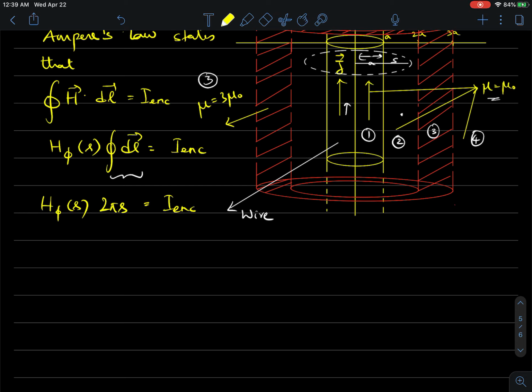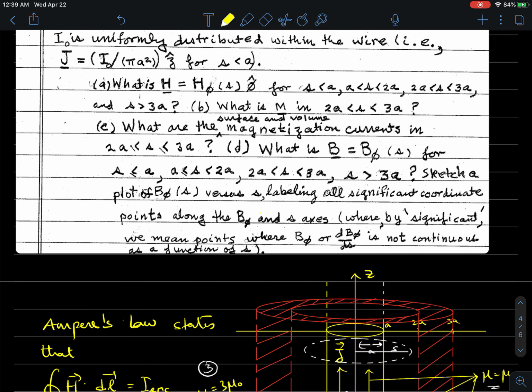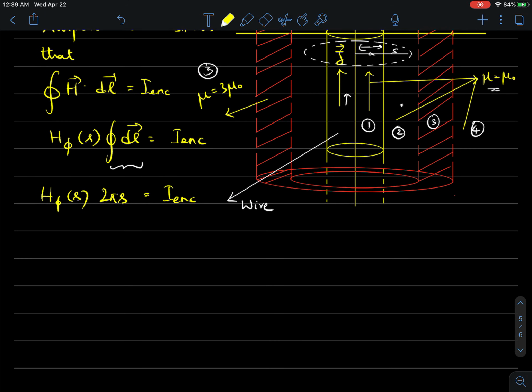Now let's see what happens in the three conditions. When s is less than a, H phi of s times 2 pi s equals I enclosed.